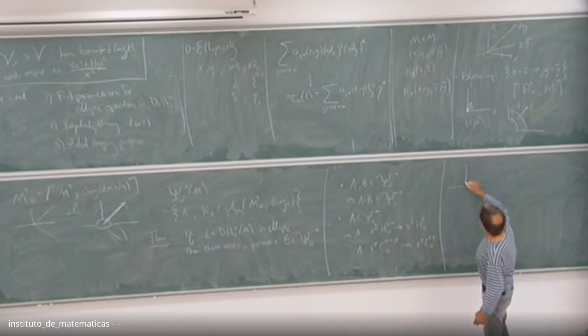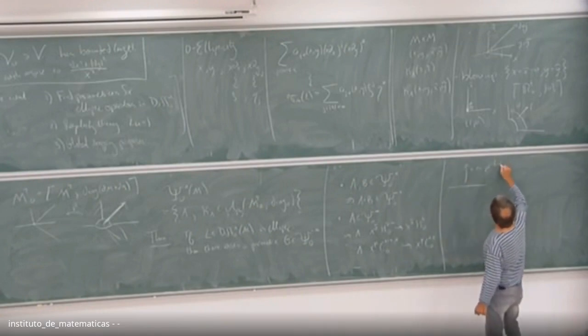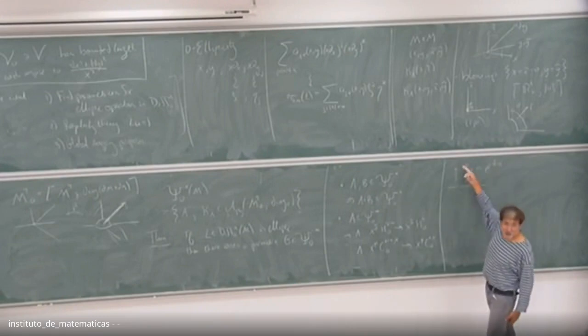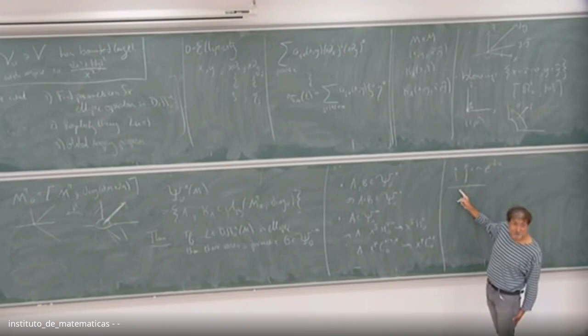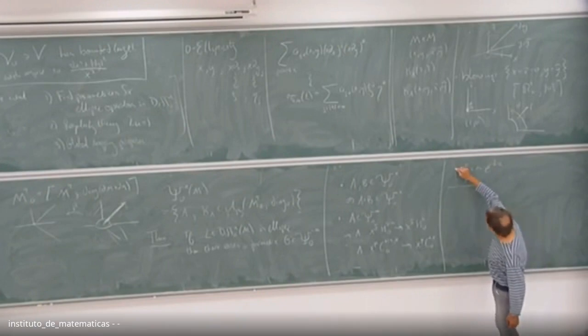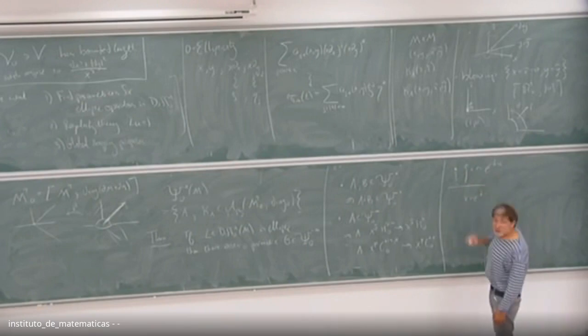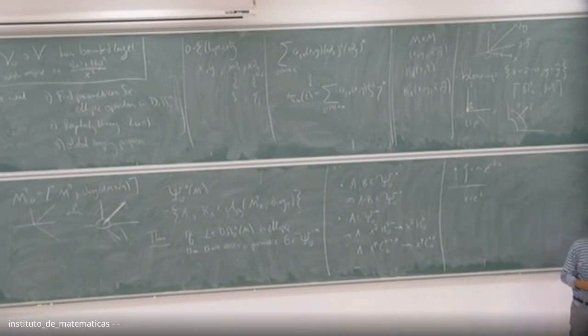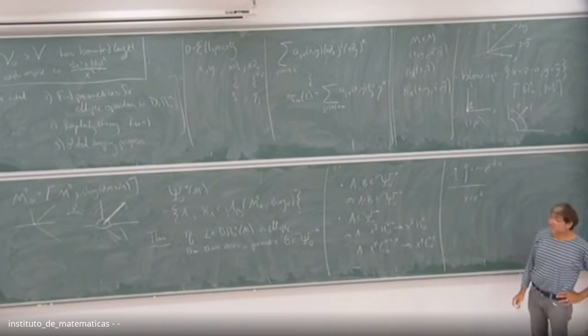This variable x in hyperbolic space is like e to the minus distance. So if I take a point here, x going to 0 means the distance is going to infinity from this point. You can check that in the Poincaré upper half space: the hyperbolic distance between two points behaves like the boundary defining function.